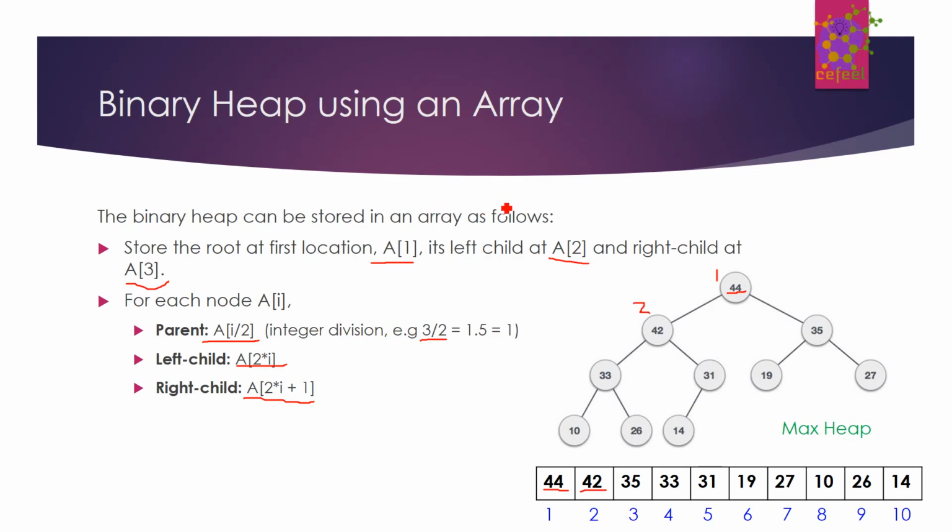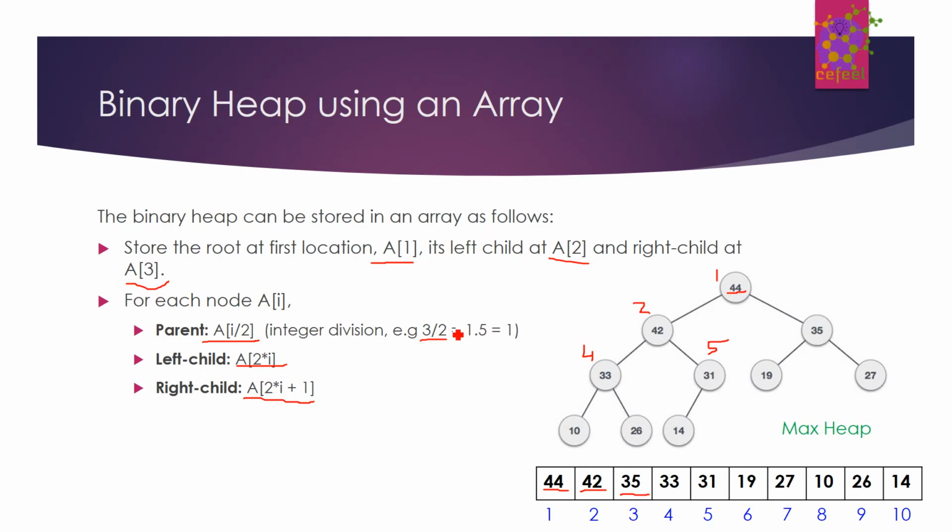The third node, which is 35, the right child of 44, will be located at 2*i + 1 using the pattern. Now 2*i + 1 means 2*1 + 1, which is 3. Hence 35 is at 3. Similarly, the children of 42 will be stored at 2*2, which is 4, and 5, and let's see if that is the case.